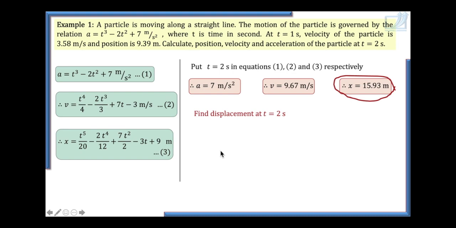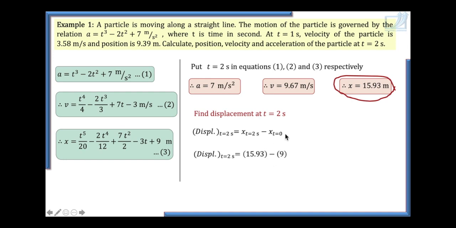So we are going to use basic definition of displacement. So how to do that? Listen. Displacement at t equal to 2 seconds. Displacement is change in position. So position at t equal to 2 seconds minus position at t equal to 0. Position at t equal to 2 seconds, that is what we have found out already. It is 15.93.